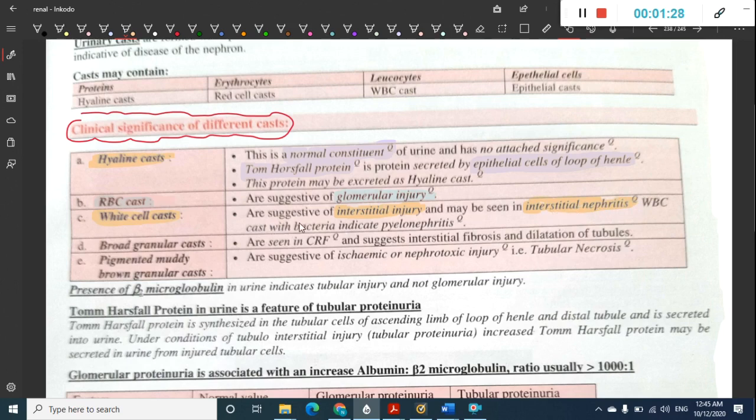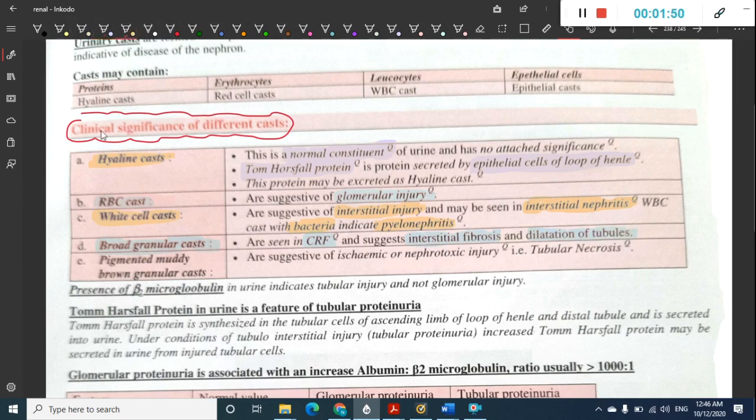And if the WBC cast is associated with bacteria, it indicates pyelonephritis. Then we have the broad granular casts. These broad granular casts are seen in chronic renal failure, and they indicate interstitial fibrosis and dilatation of tubules.